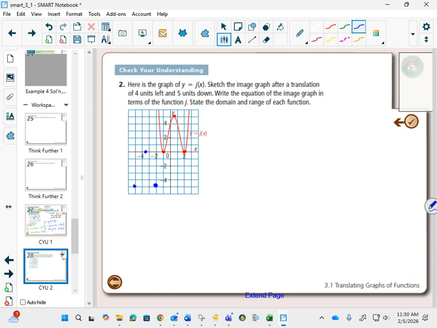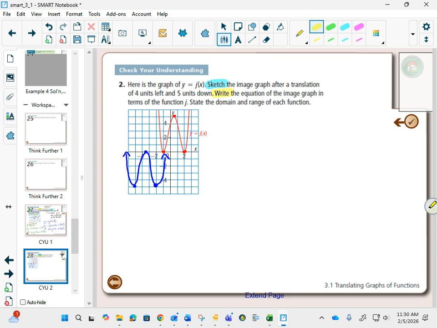Those are those 3 points. Add arrowheads on the end. And I feel like I've done a good job of sketching it 4 units to the left and 5 units down. If I'm rereading my question, I've just done the sketch part.